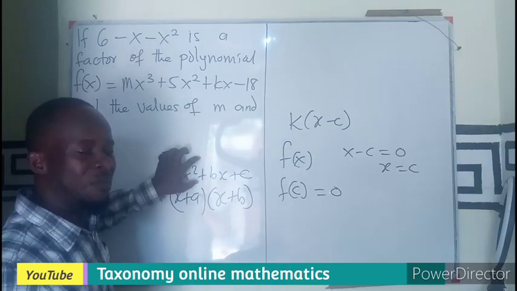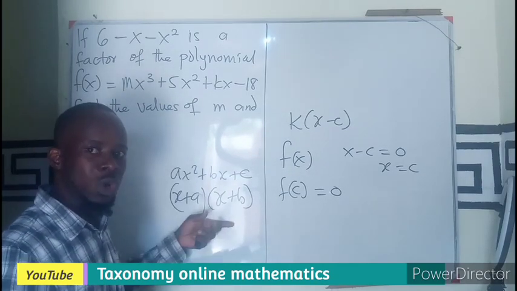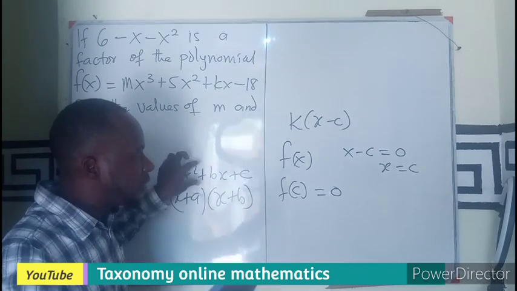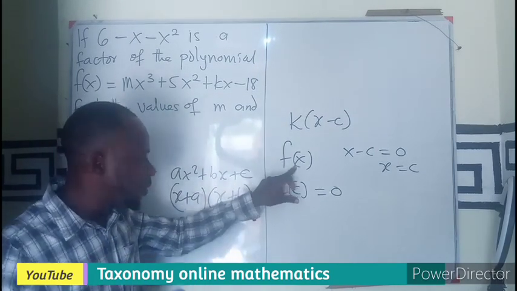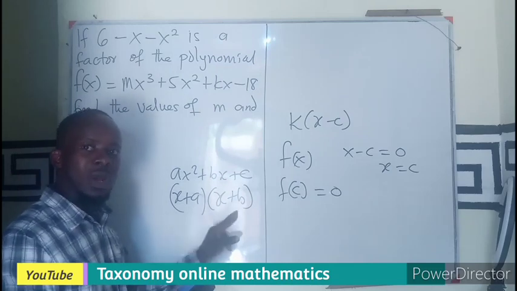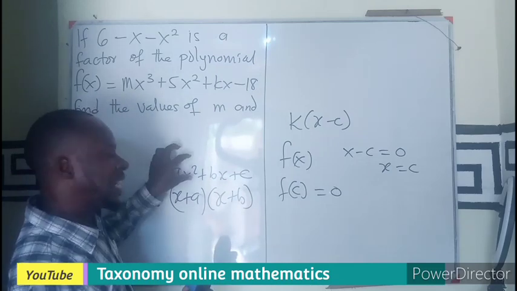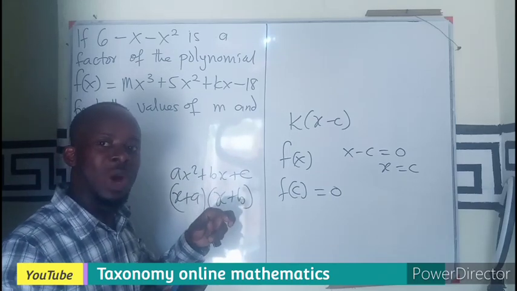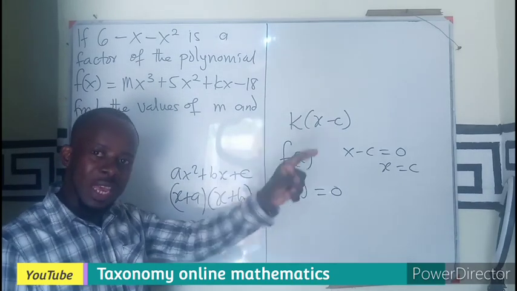That is, if I factorize this to produce these two linear terms, if the quadratic is a factor of the given polynomial, then these individual linear functions, which are the factorization of the quadratic, will also be a factor of the same polynomial.